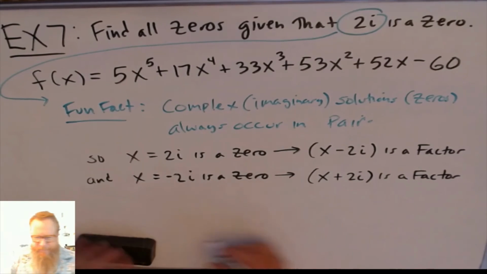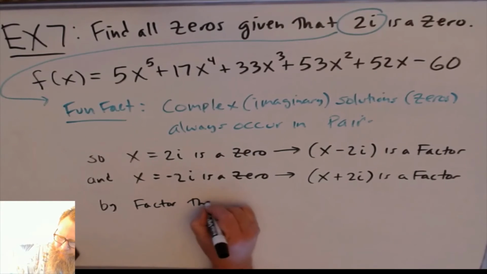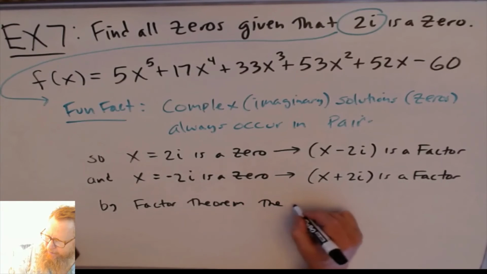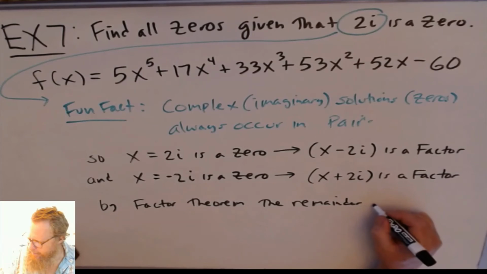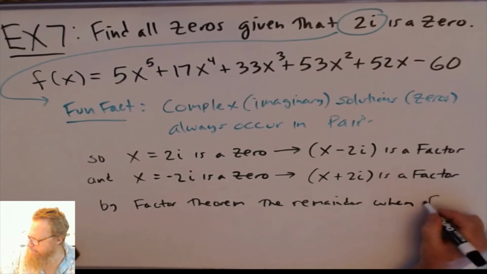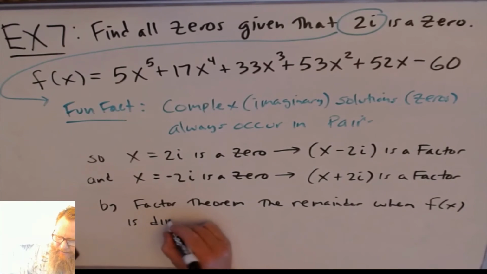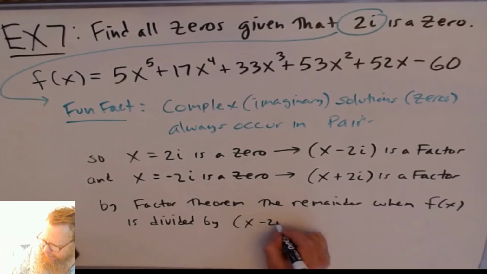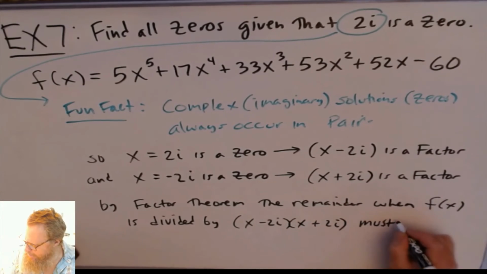So by the factor theorem, the remainder when f of x, that's our original polynomial, is divided by x minus 2i and x plus 2i, must be 0.